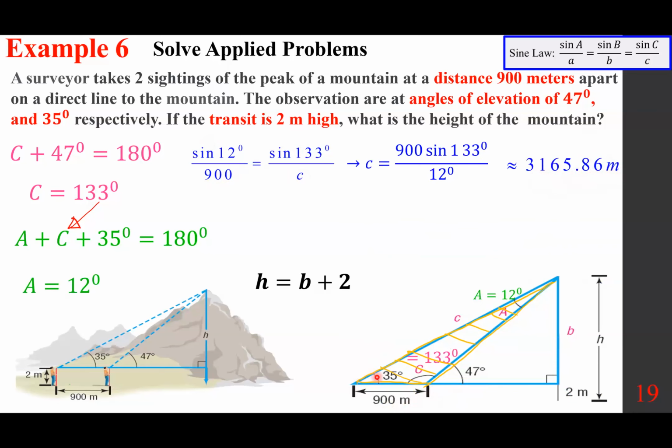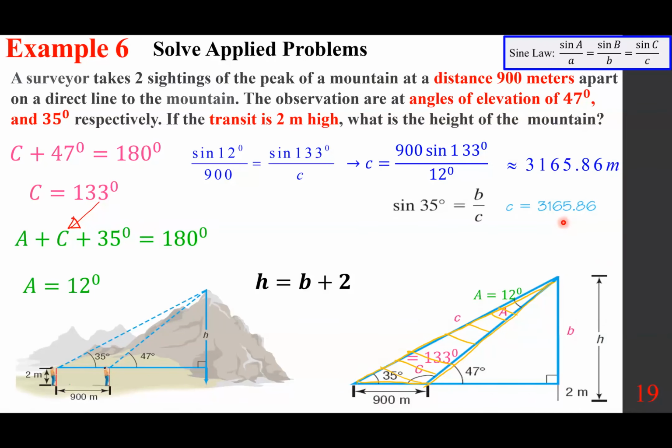Now, in the big one, sine is the opposite over the hypotenuse. So sine of 35 degrees in the big one is B over C. And C is found to be this number, right?